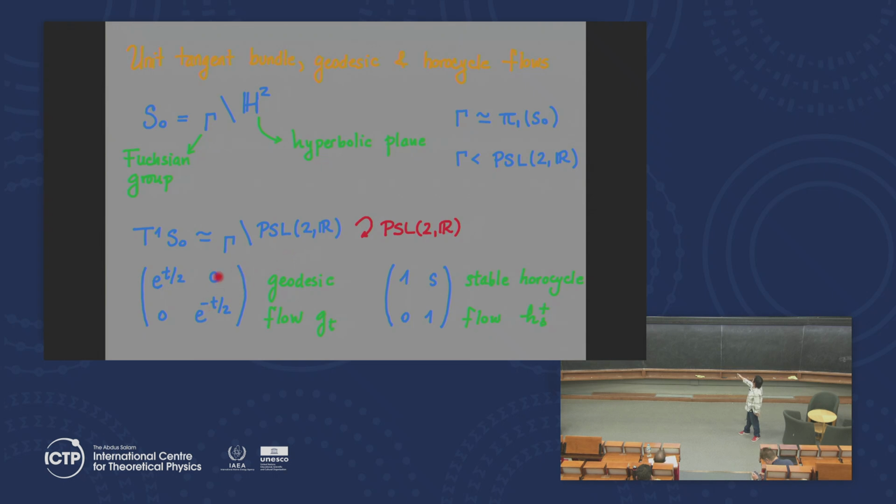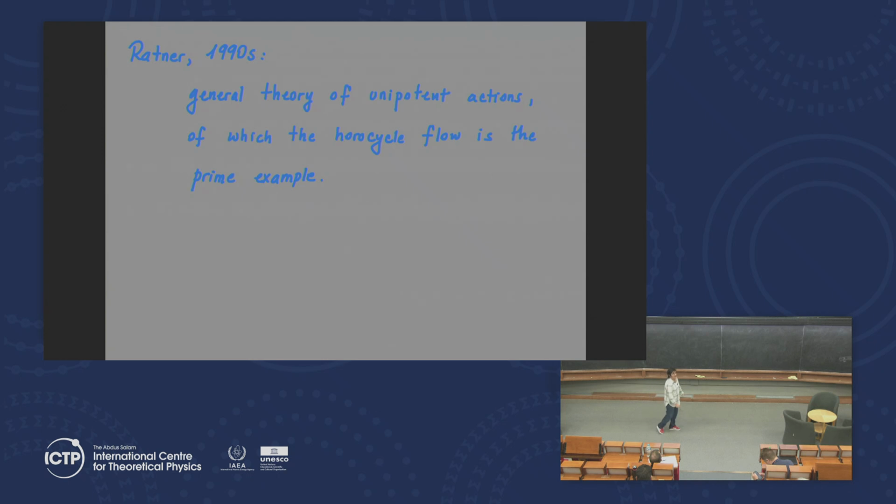So if you look at the action of this particular subgroup of PSL2R, you're looking at the geodesic flow on the hyperbolic surface. And if you look at the action of this particular subgroup, the unipotent subgroup, you're looking at the horocycle flow. So then, of course, if you see it in this way, it's the number 0 example in Ratner's theory.